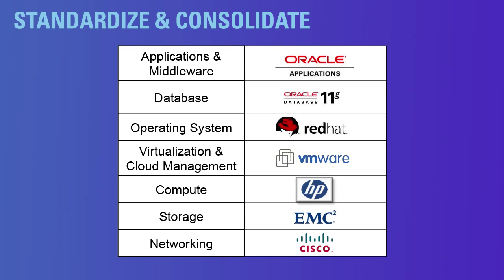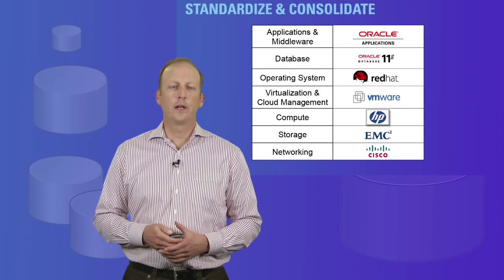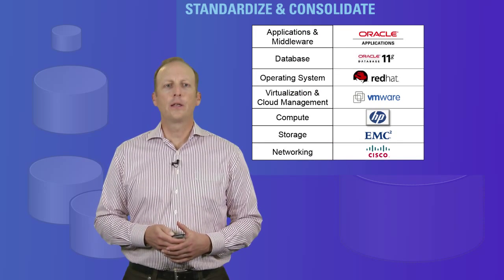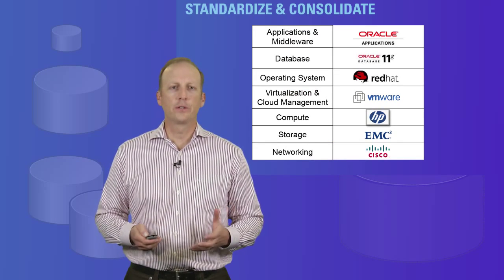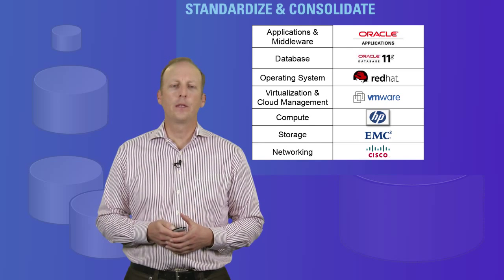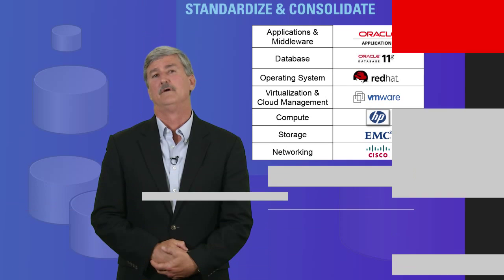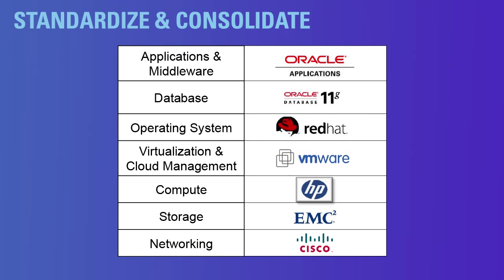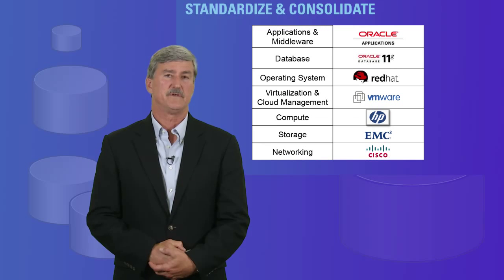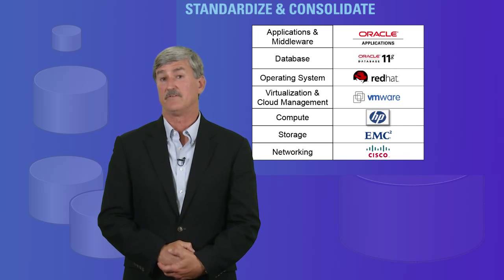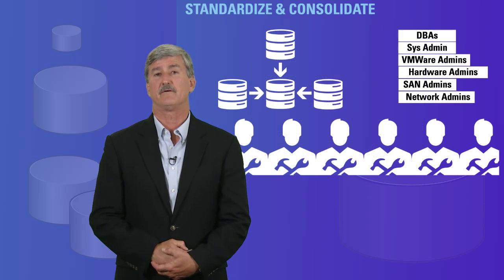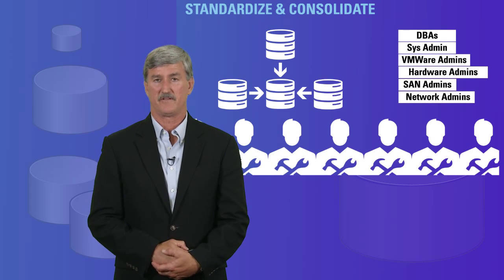Okay, so as you go through this standardized consolidation exercise, there are some organizational changes that take place. And Ron's going to come in and go through that briefly now. So as you can see from the slide, we've got this build-your-own best-of-breed stack. And what we see IT organizations doing during the standardized phase is building out an organization to manage each layer of the stack.